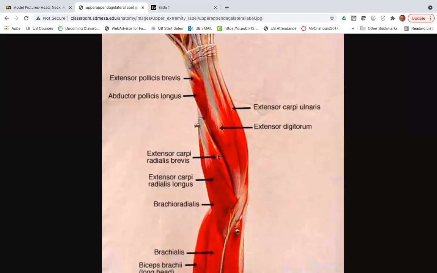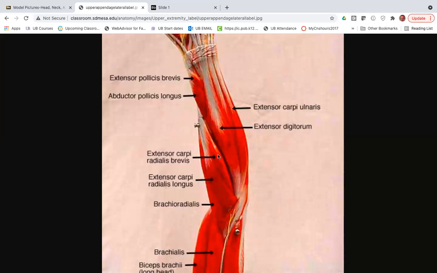Okay, now on the anterior forearm, in a previous video, we spoke about the muscles of the anterior forearm. We talked about the pronator teres, the flexor carpi radialis, the flexor carpi ulnaris, and the palmaris longus. So now we're going to look at the antagonistic muscles.